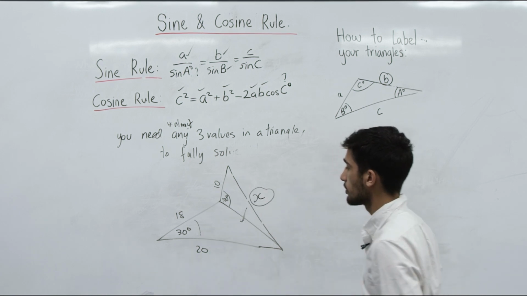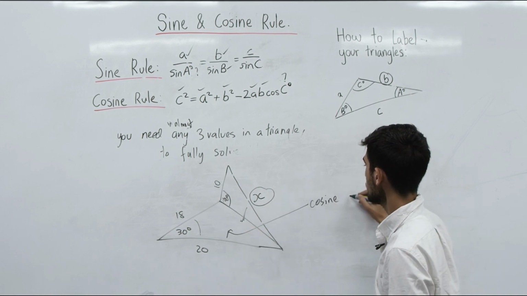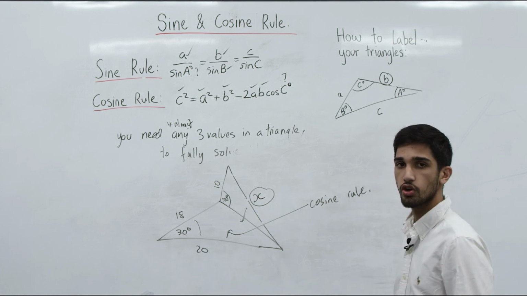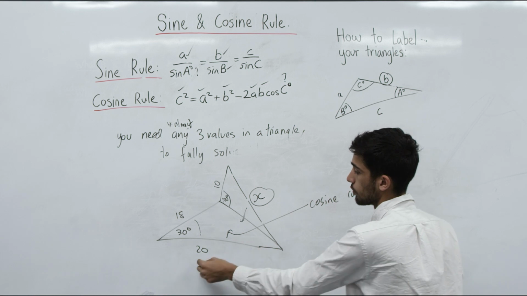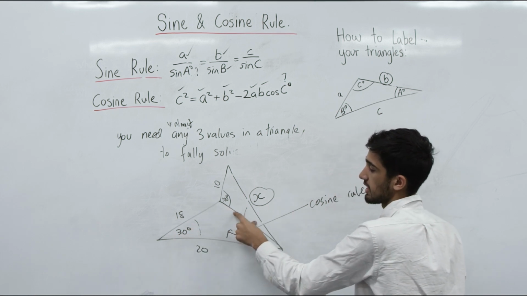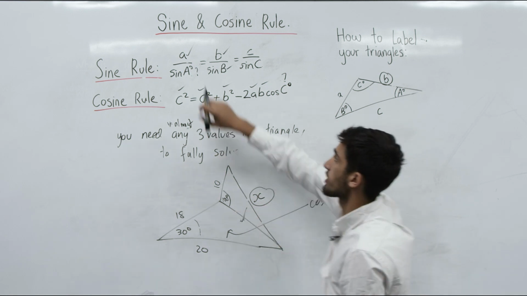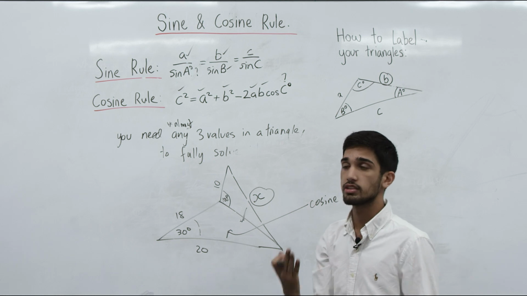So to solve the lower triangle, I would use the cosine rule. The reason I would use the cosine rule is we have a side, but we don't have its matching angle. We have this side, we don't have its matching angle. We have this angle, and we don't have its matching side. If you don't have any pairs of sides and matching angles, then you can't use the sine rule to begin with.